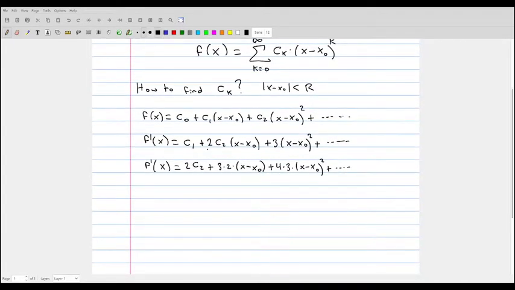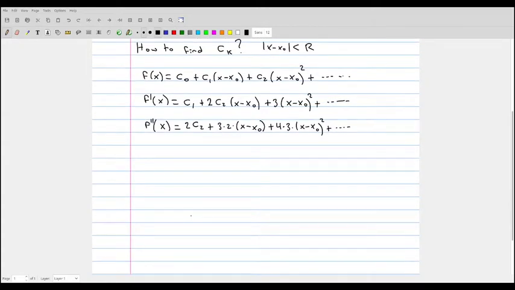This is the second derivative. And we can continue this procedure however far f is differentiable.